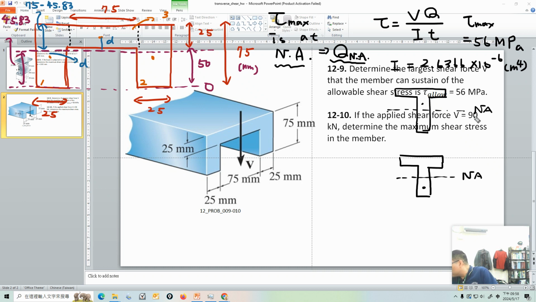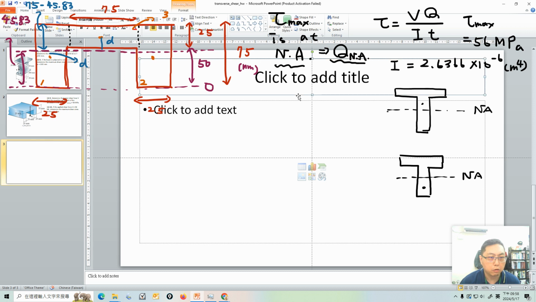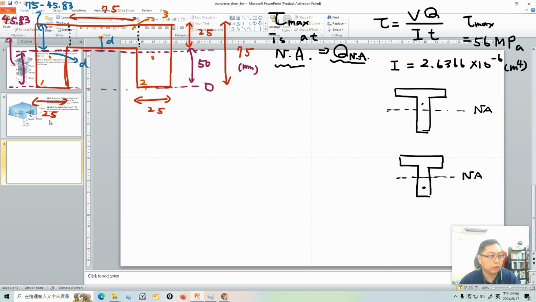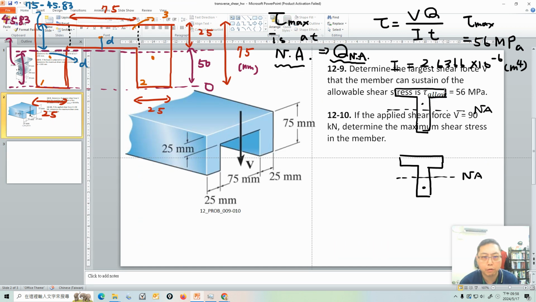For Q, I think we need some explanation. The problem wants us to determine the maximum allowable shear force, with the condition of a maximum allowable shear stress.